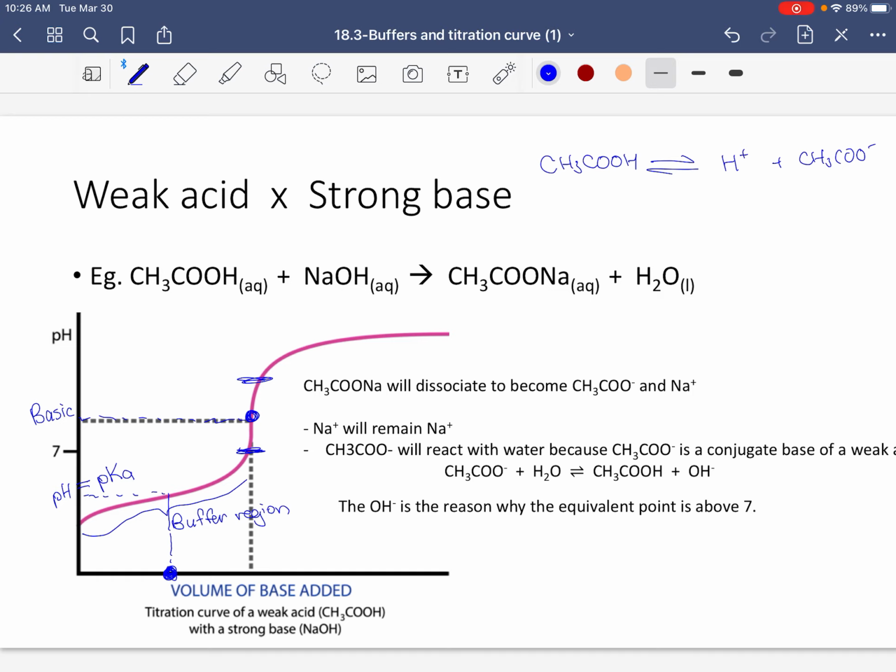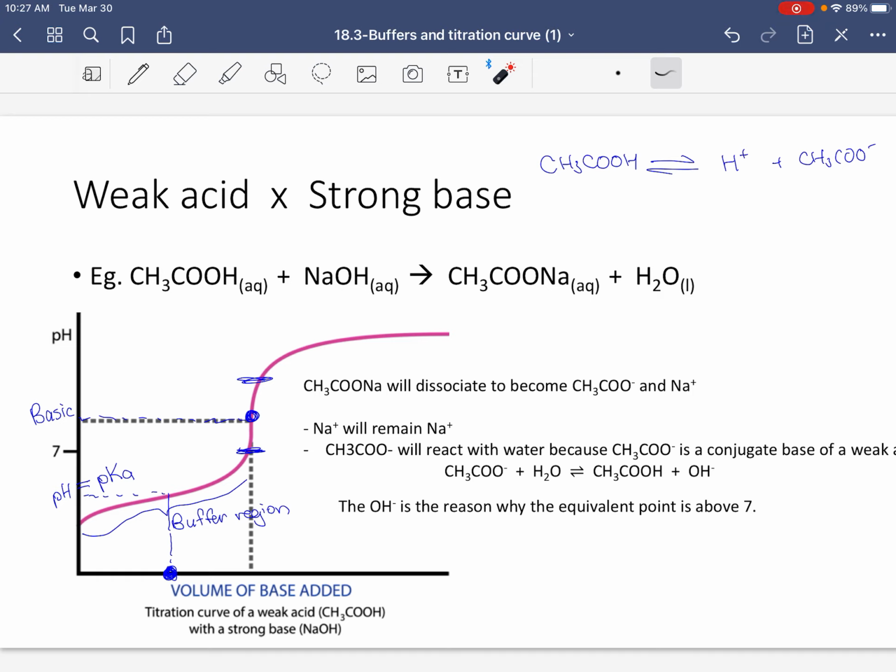That's a very, very important thing to keep in the back of your mind. How do you find Ka? Simple. React half the equivalent point amount of a strong base and figure out what that pH is, because that is the same thing as the pKa of that weak acid. Inverse log this and you'll get Ka. That's how we find Ka.